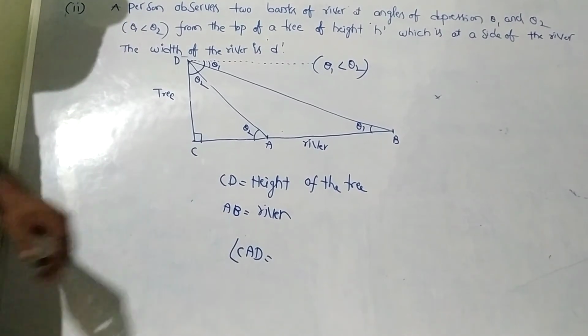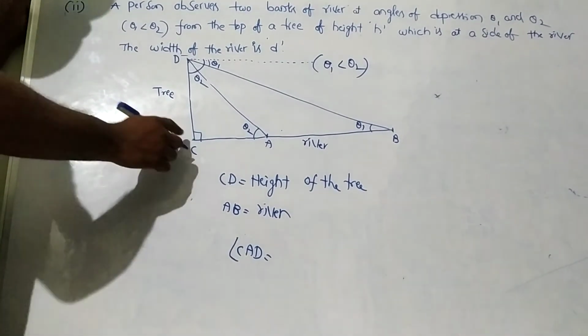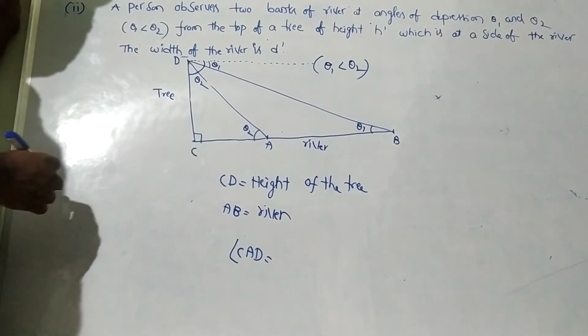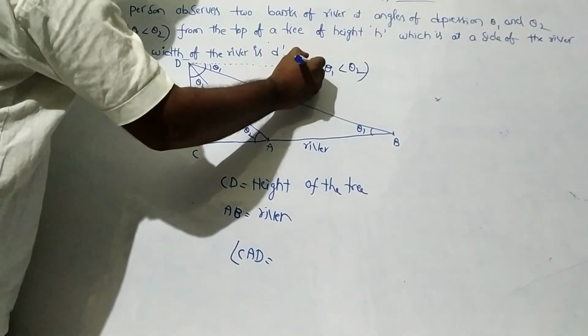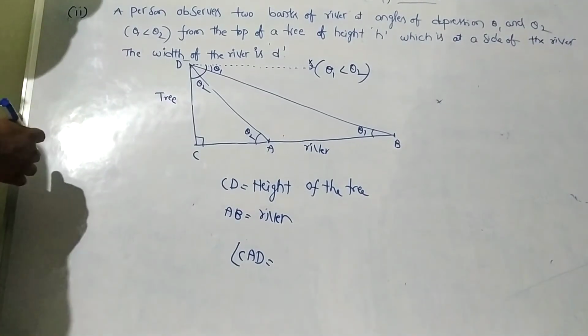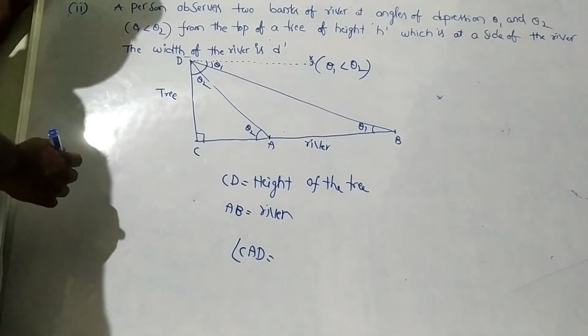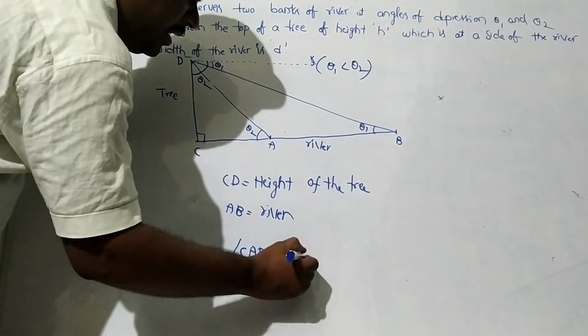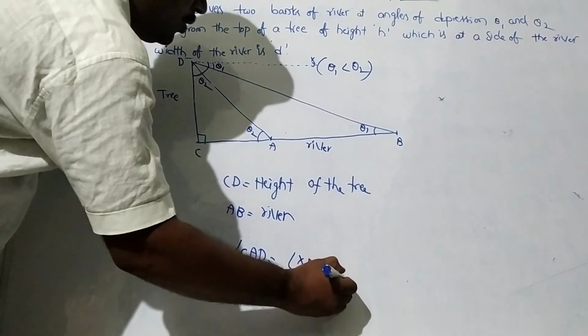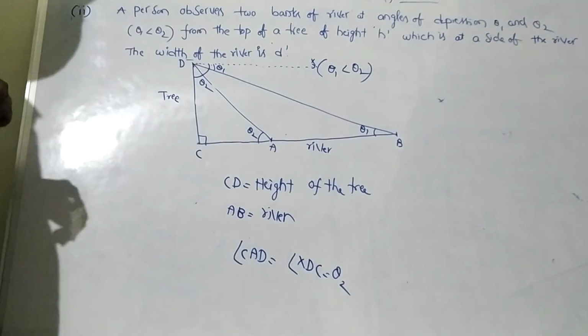Angle CAD equals, suppose this is X, angle XDC equals θ2.